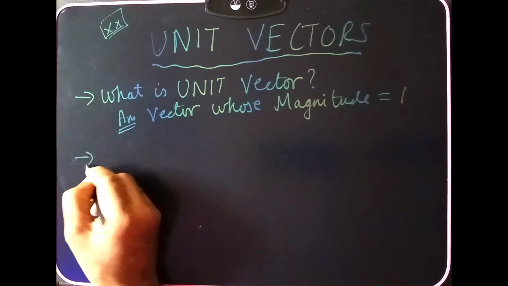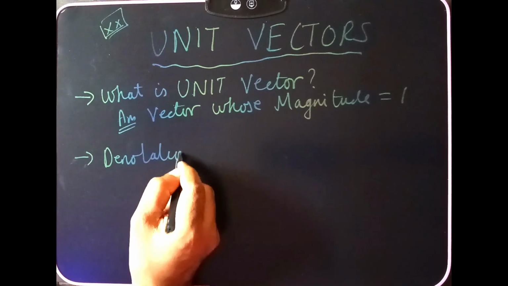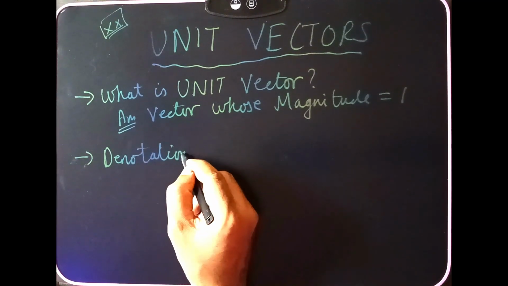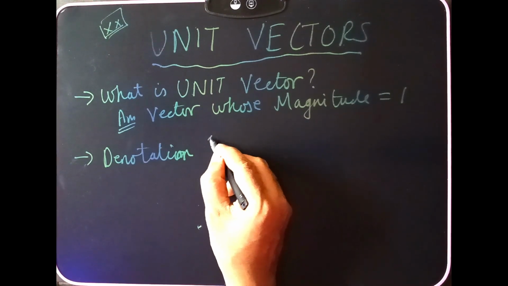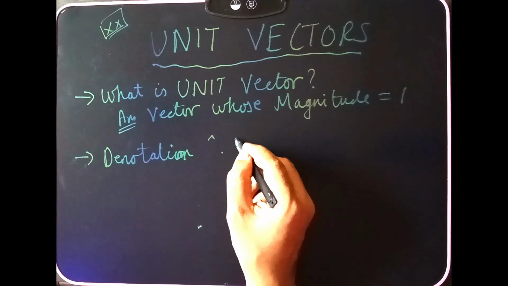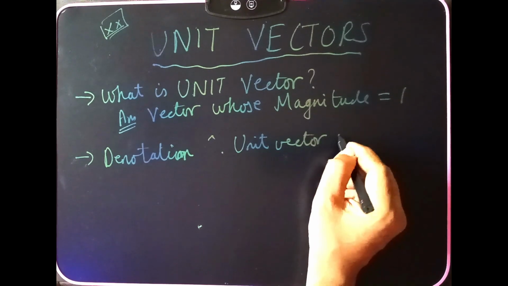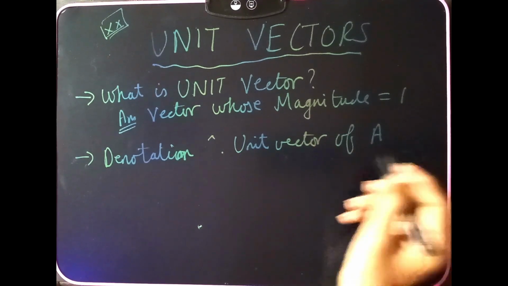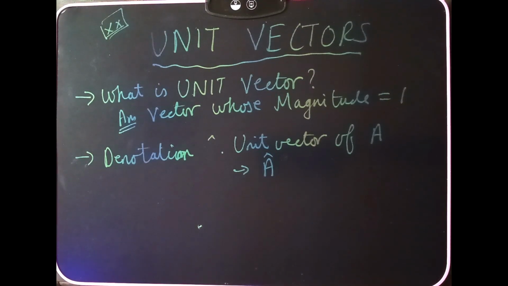And how is it denoted? It is denoted with a cap sign. For example, the unit vector of A is represented as A cap.